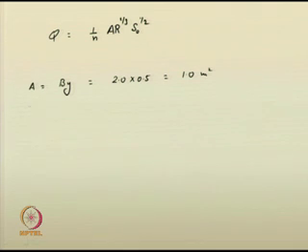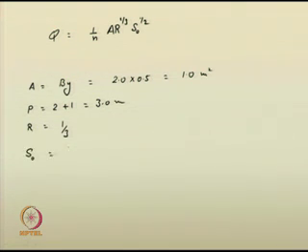Then you have b equal to 2, wetted perimeter is equal to 2 plus 1 is equal to 3 meter, R is equal to 1 by 3, and your bed slope S0 is equal to 0.05 by 50, so this is 1 into 10 to the power of minus 3.